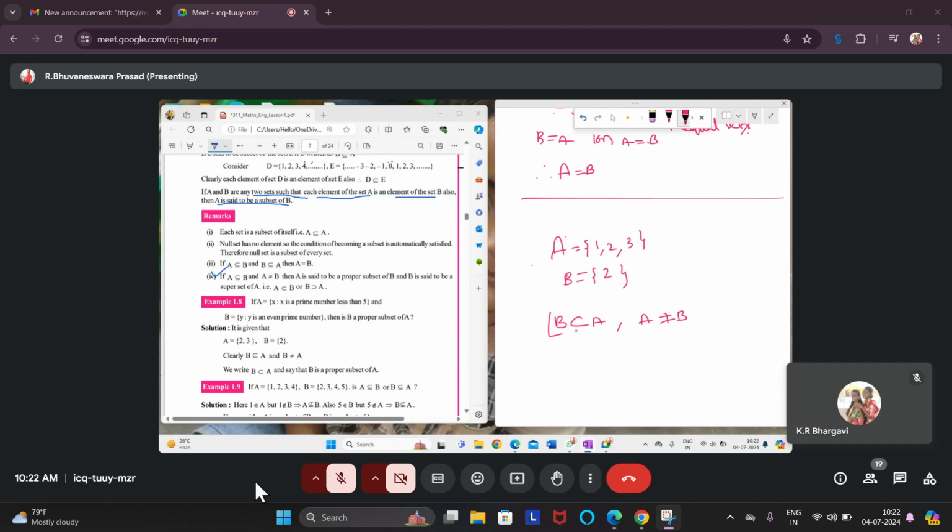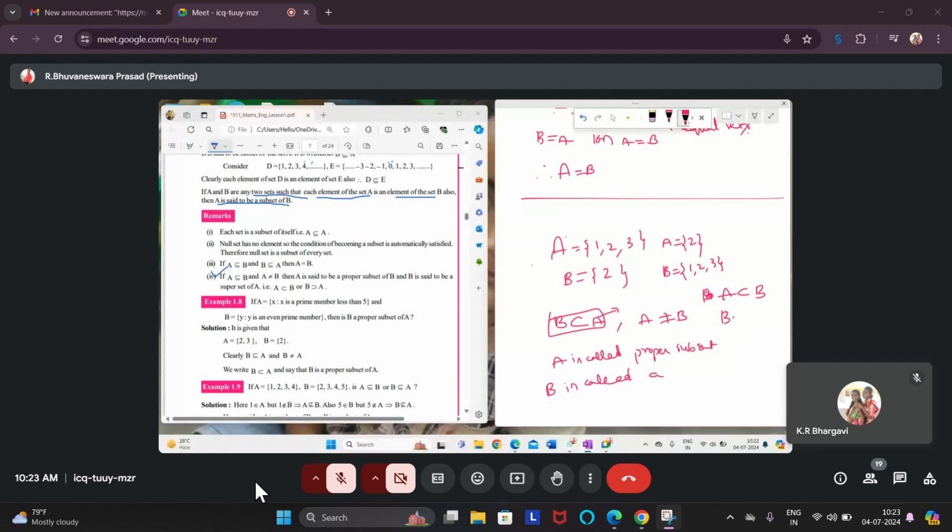So when it is like this, the main set is called a proper subset, and B is called a superset. Okay. So sometimes A equals 2 and B equals 1 2 3. So in that situation I have written here A subset B, right?